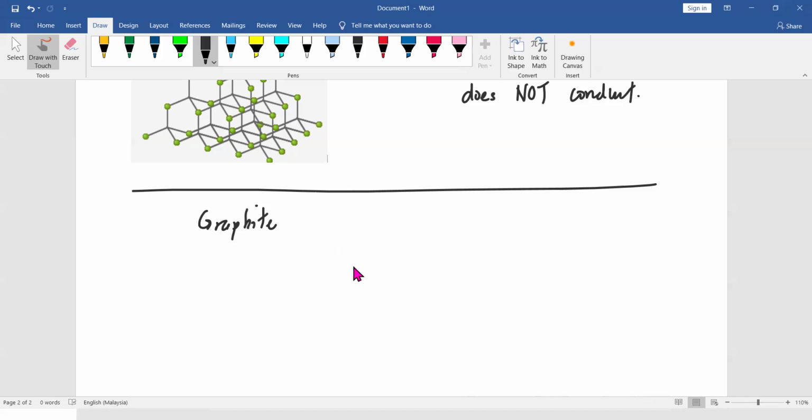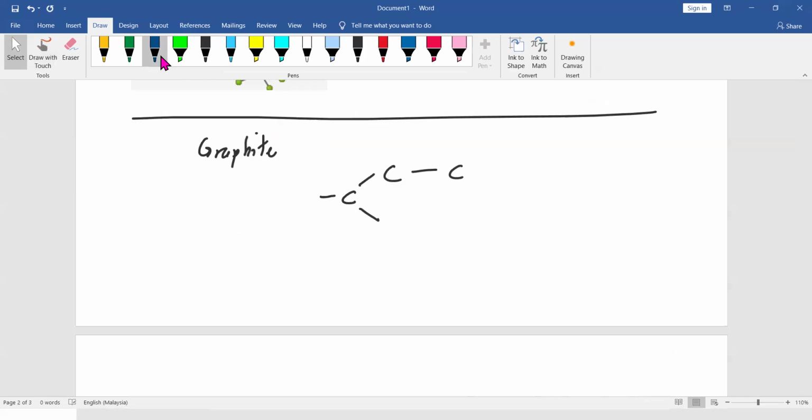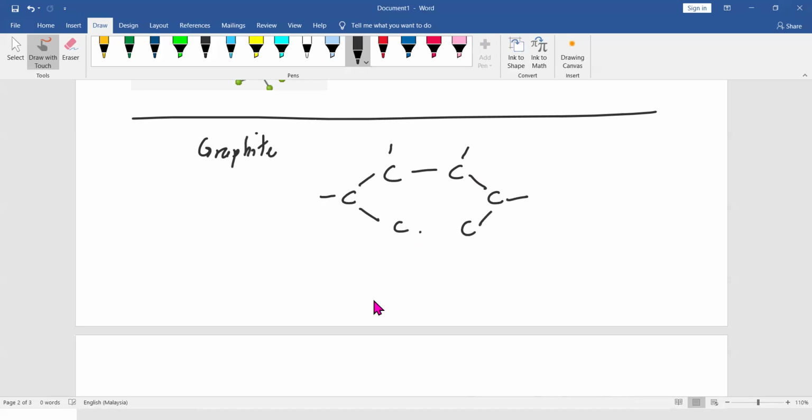Okay, so with this one, every carbon bonds to three other carbons. Like that. Three other carbons. And it goes on and on and on.